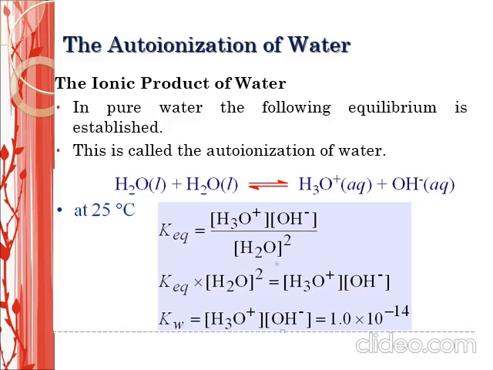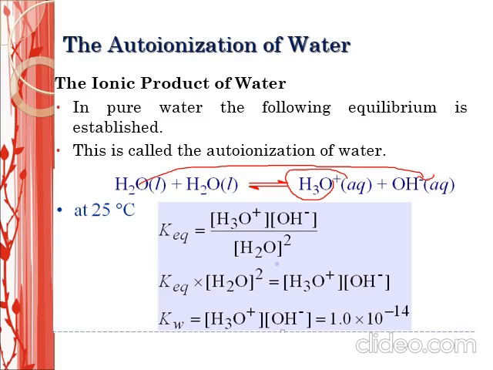So if you have water with water, one will act as acid, the other one will act as base, and it will form H3O plus and OH minus. Let's say this is acid, this is base. So this, because it donates a proton, becomes the conjugate base, forming this. This one accepts the donated proton here. So this one is base, this is conjugate acid.